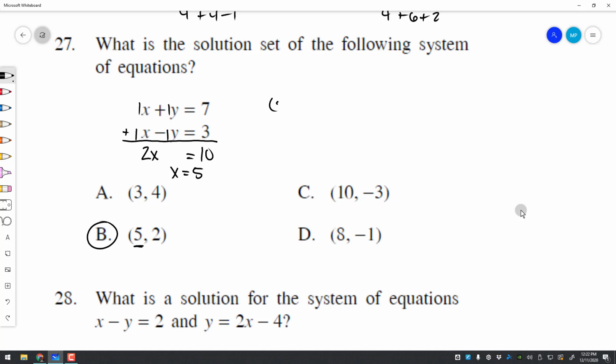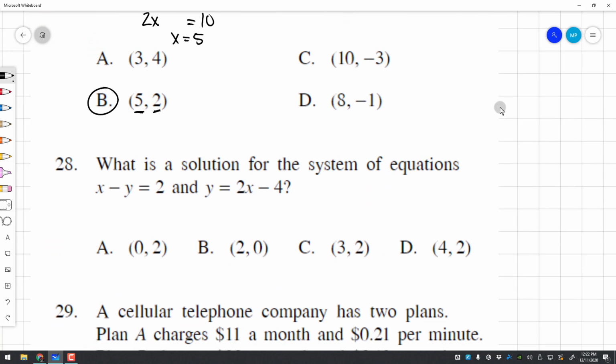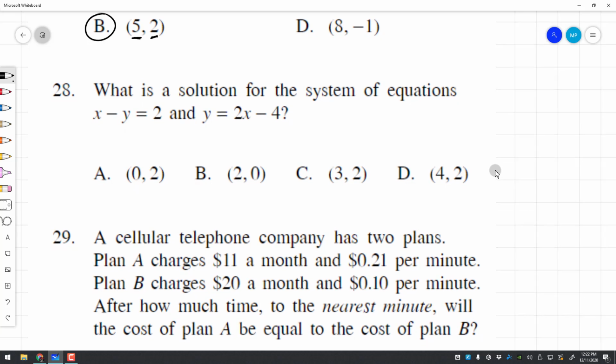Now, if multiple of them did, we would substitute in. Here I'm using the top equation, plugging in x, subtract 5 from both sides, and we get y is 2. We can also double check that if we plug in this equation, 5 and 2, 5 minus 2 would equal 3. So it does make both equations true.